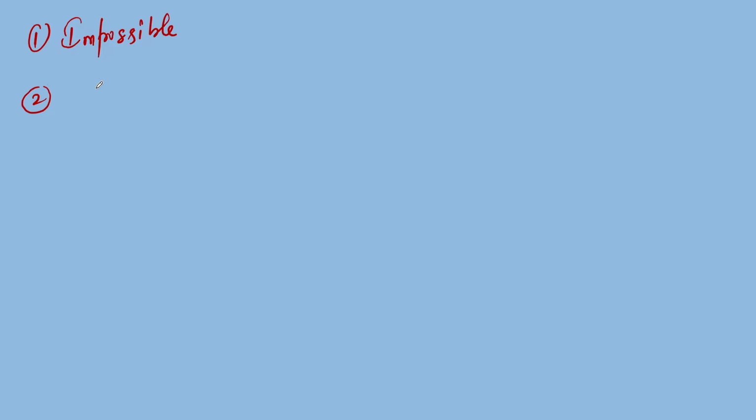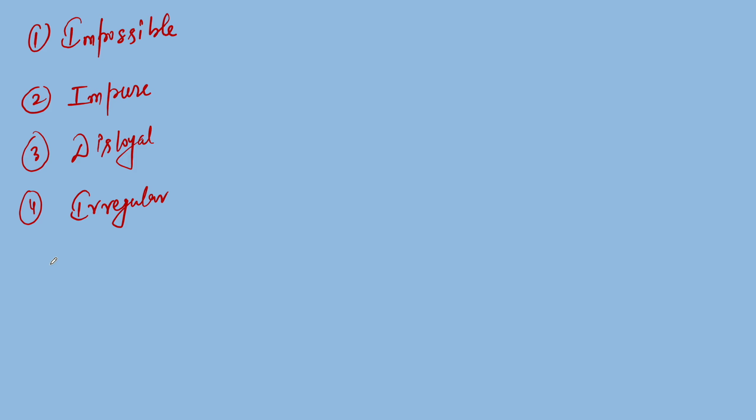Second is impure. Third is disloyal. Fourth is irregular. Fifth is impairment.